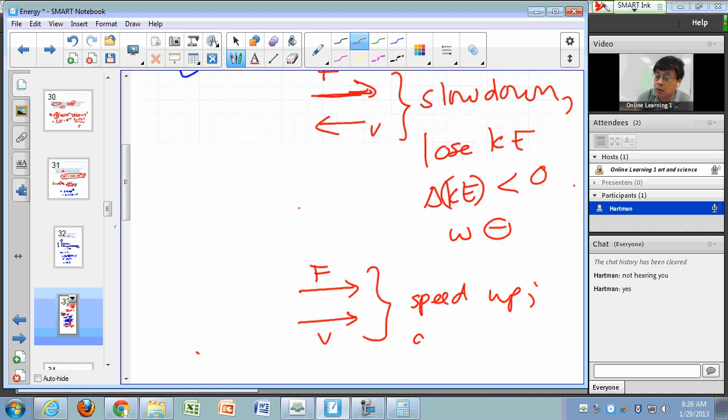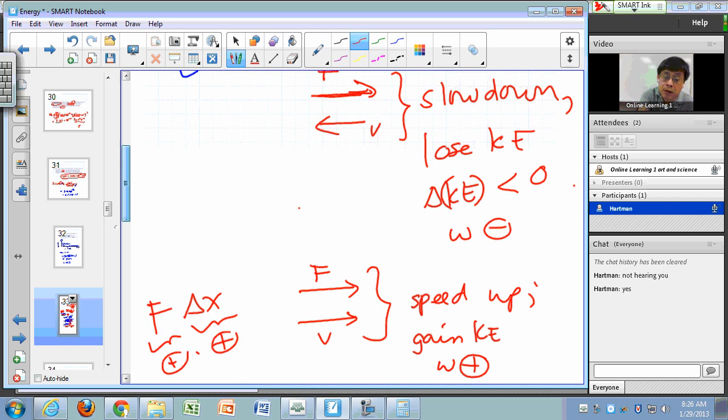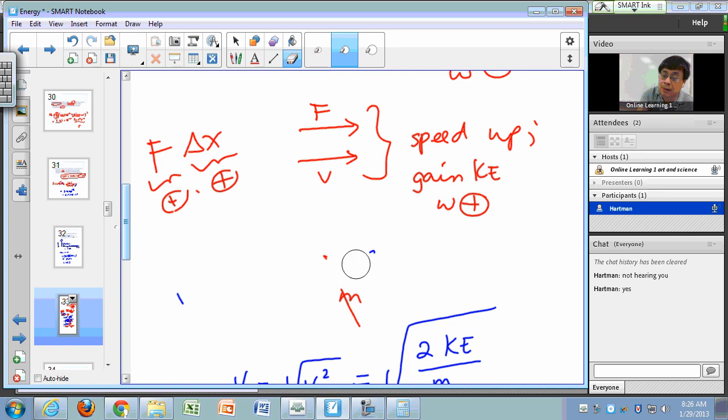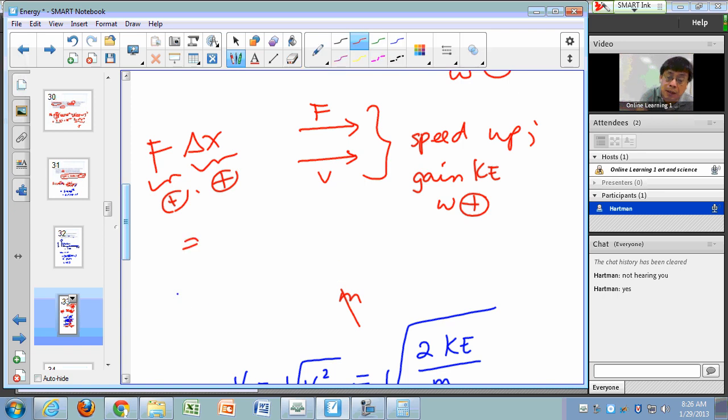That means it's going to be gaining kinetic energy and work is going to be positive. Okay? So F times delta X will have the same algebraic sign. They can both be positive, or they can both be negative. Positive times positive is positive, and negative times negative is also positive.